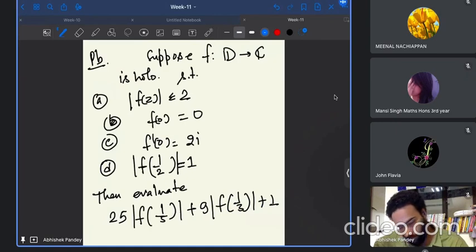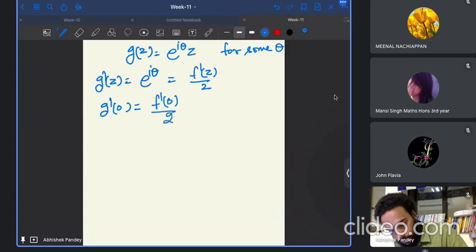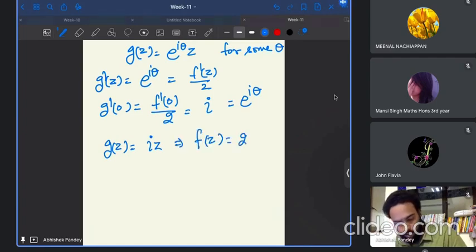Okay, so g dash 0 is basically f dash 0 by 2, which is nothing but i, which is nothing but e to the power i theta. So the one possibility is g(z) is basically iz. This implies f(z) is 2iz.